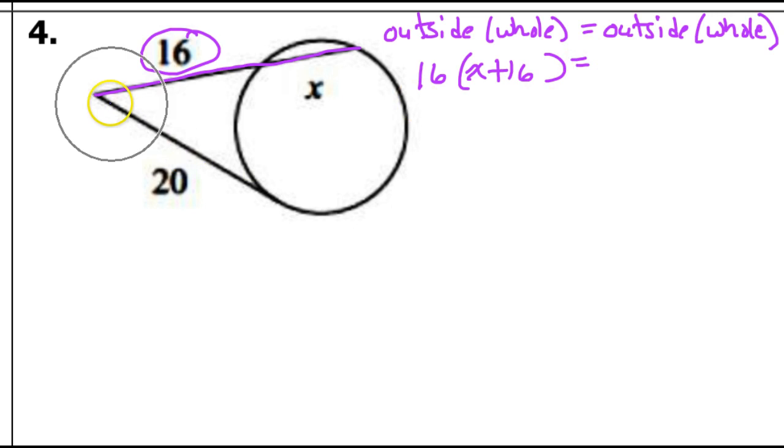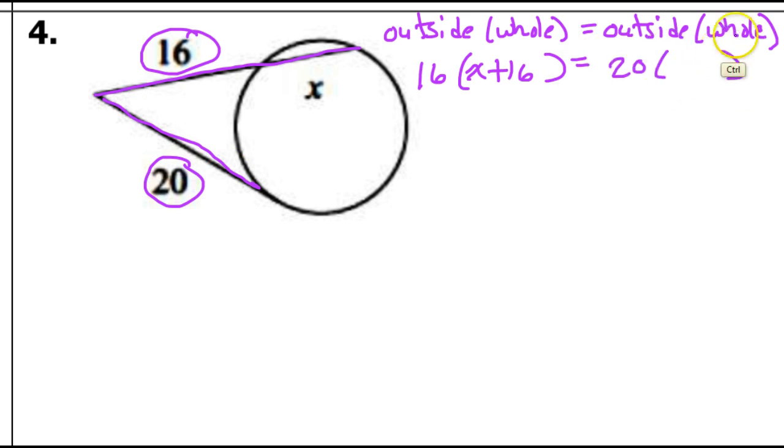You have to add these together to get the whole thing. All right, now, looking at this part down here, it's pretty clear that 20 is the outside, so I'm definitely going to put 20. But then what about the whole thing? Well, there is no other part, right? Like for number 4, you have the 16 and you have the x. There's an outside part and then there's an inside part. So you can add those together and make the whole.